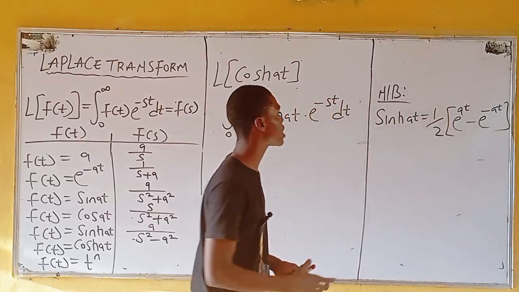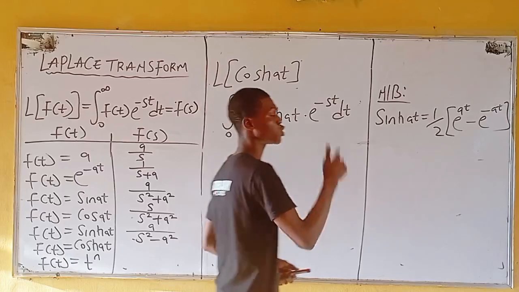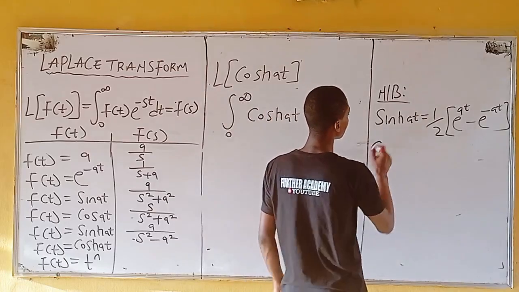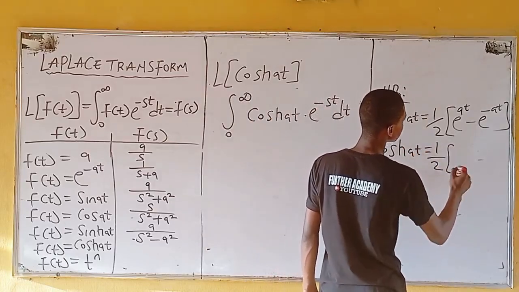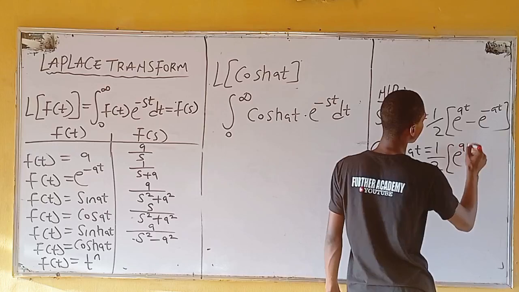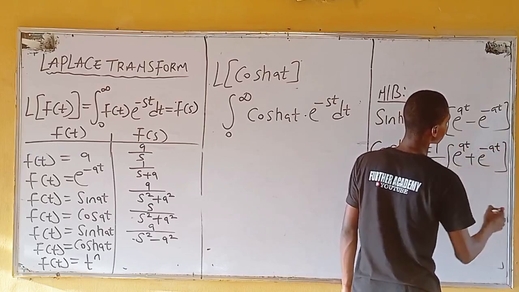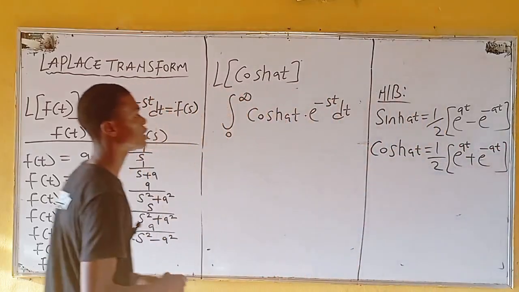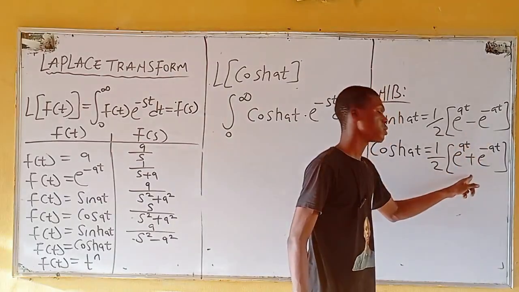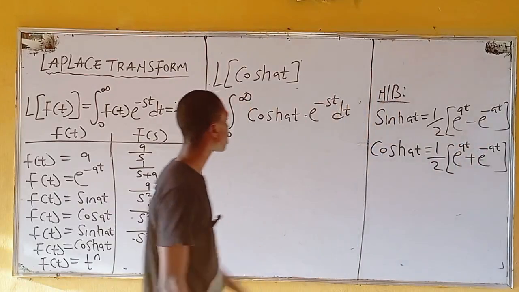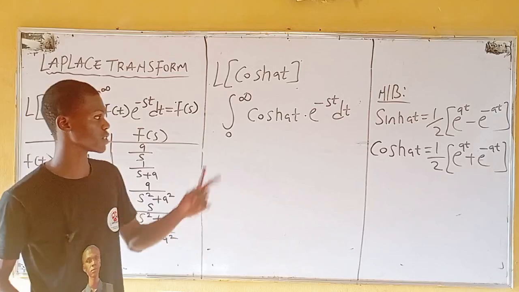The same way we express sin at in terms of exponential, we are also going to express cosh at in terms of exponential, meaning we have cosh at is equal to 1 over 2 into bracket e to the power of at plus e to the power of negative at. So both of them are similar. The difference is that for sin at it takes negative, cosh at it takes what? Plus.